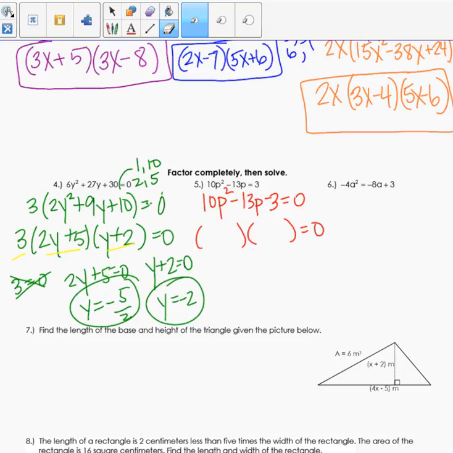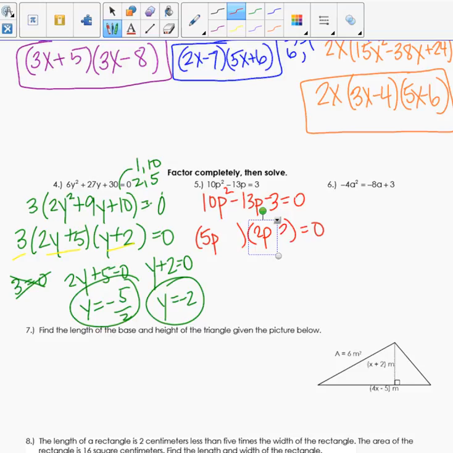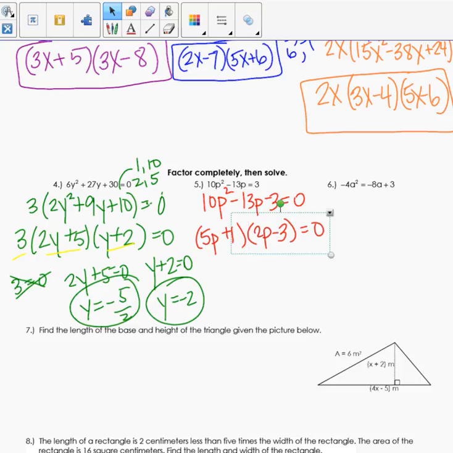Okay. And say, okay, maybe instead I'll use 5p and 2p. If I want that to be 13, if I put my 3 here and my 1 here, make this negative, make this positive, I have 5p times 2p is 10p squared. 5p times negative 3 is negative 15p, plus 2p is negative 13p. 1 times negative 3 is negative 3.